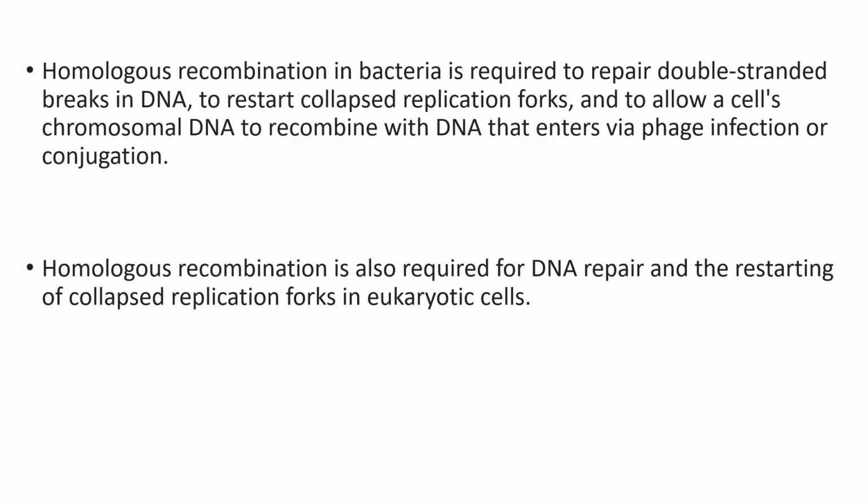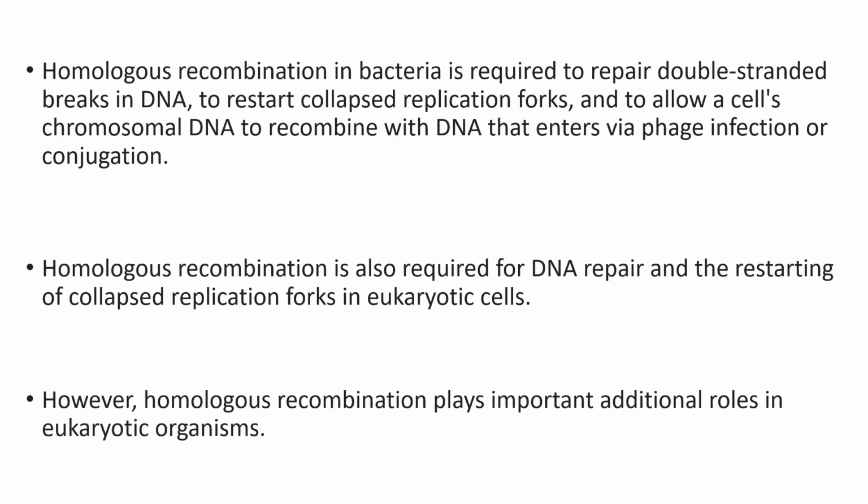This is illustrated by the fact that cells with defects in the proteins that promote recombination are hypersensitive to DNA damaging agents, especially those that break DNA strands. Furthermore, animals carrying mutations that interfere with homologous recombination are predisposed to certain types of cancer.